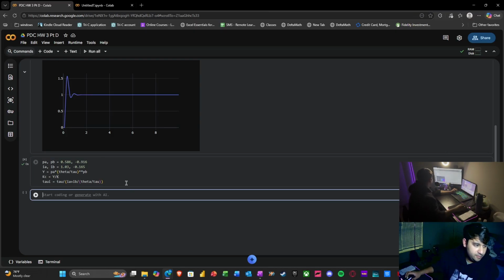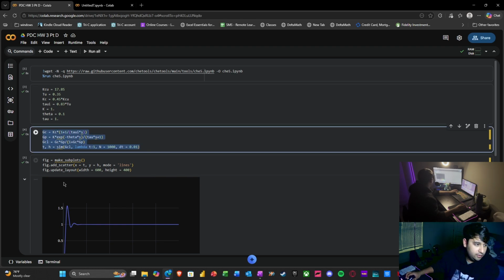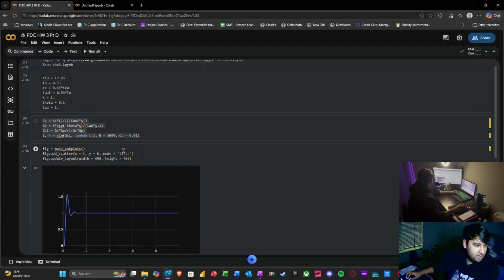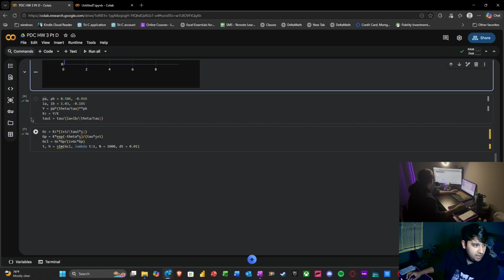And then what we're going to do is basically copy down this entire thing, since we are utilizing the same exact sequence. However, the tuning method just changes our controller gain and our tau.